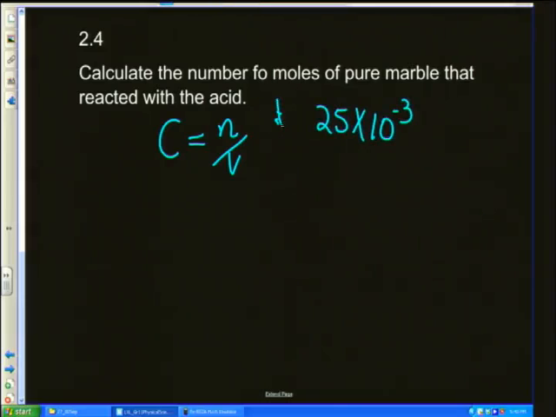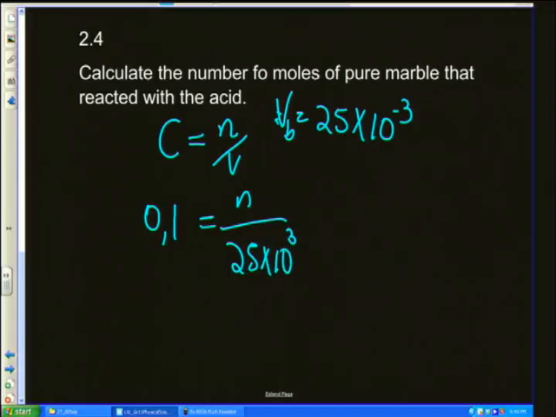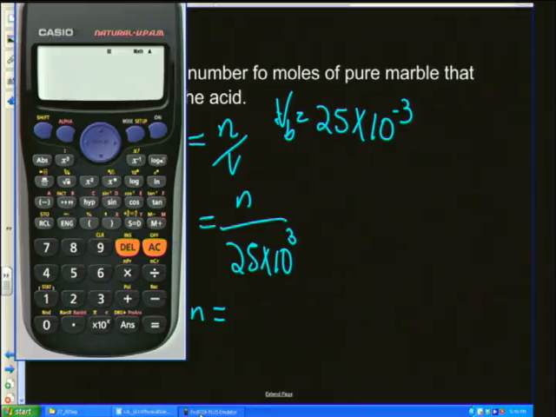That is your volume of the base. Okay. And then if you are to calculate for it, the concentration is 0.1 equals number of moles divided by the volume, which is 25 by 10 to the power minus 3.